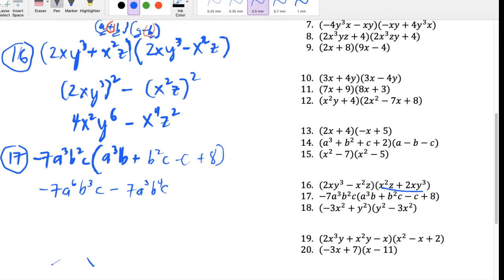Okay, c squared. Okay, negative times negative, magiging positive. Okay, 7, a cubed, b squared, c times c, so that's c squared. Plus 8, negative times positive, so negative. 7 times 8, that's equal to 56, a cubed, b squared, c.